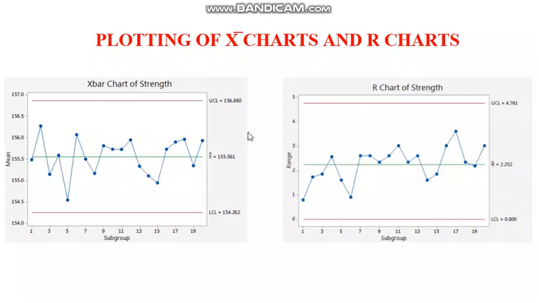Our lower control limit is 154.262, so it will be plotted here, and the upper control limit is 156.860, so it will be plotted here. These three lines you plot first: the center one is X double bar, the upper one is the UCL, and the lower one is the LCL.